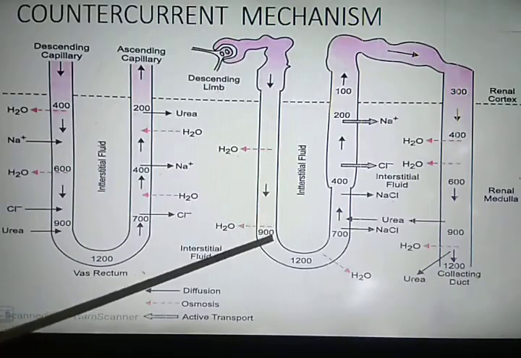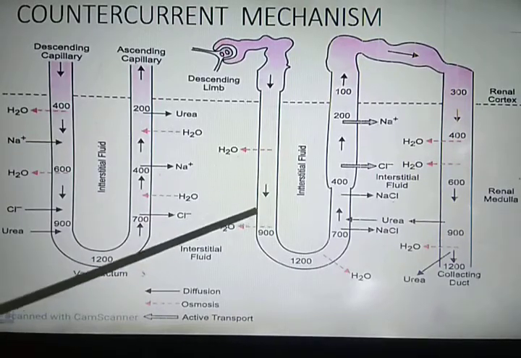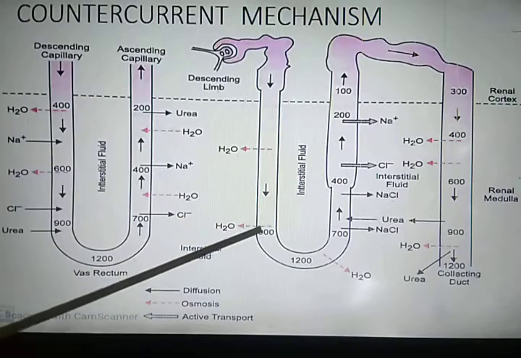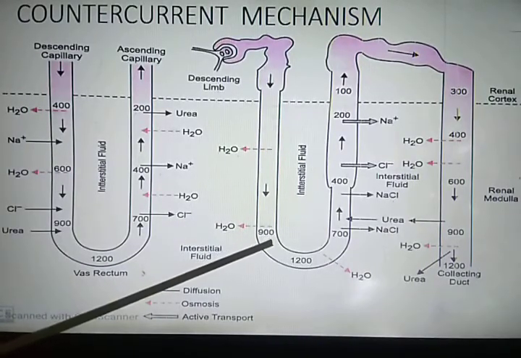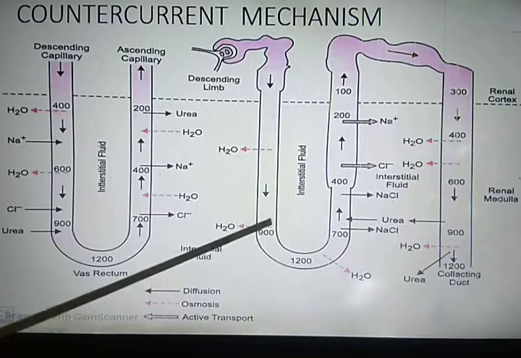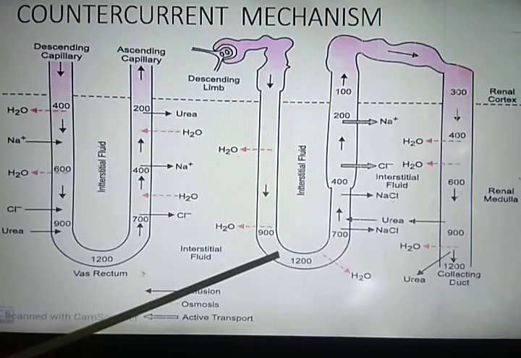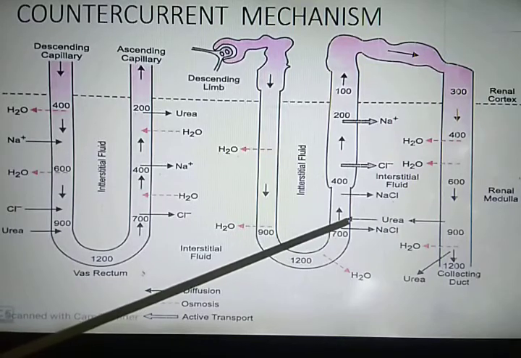Because the water moves outside, the filtrate becomes hypertonic. What do we mean by hypertonic? When the solute content is high as compared to the surrounding fluid. Now this hypertonic fluid moves towards the ascending limb of loop of Henle.